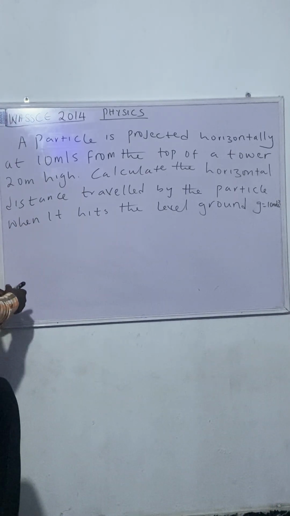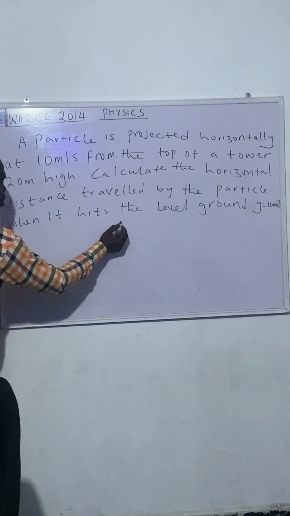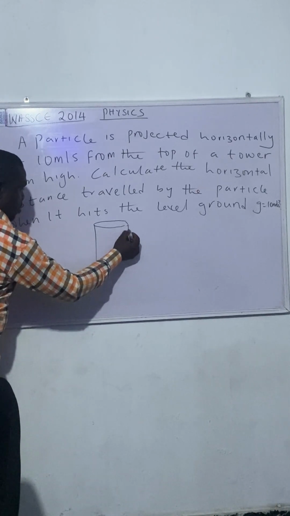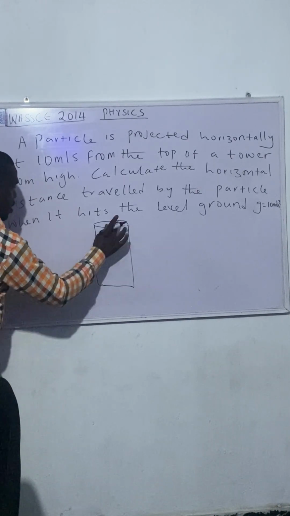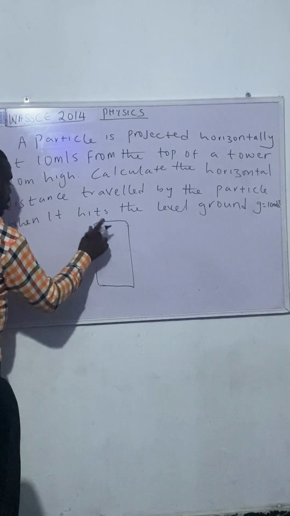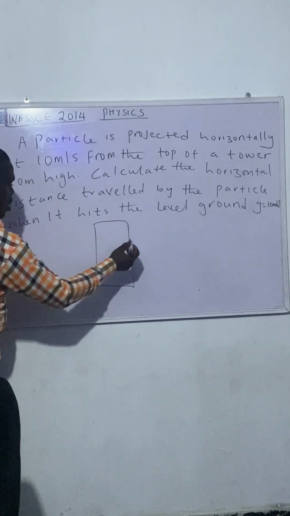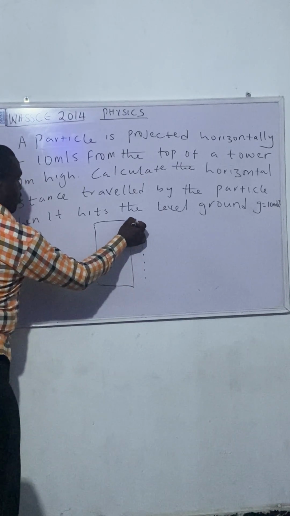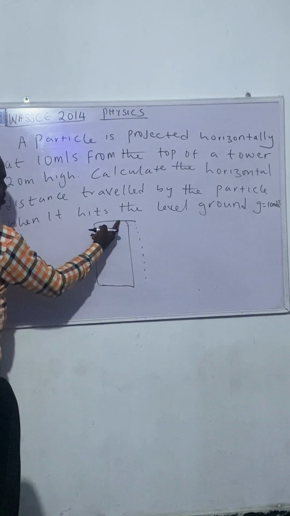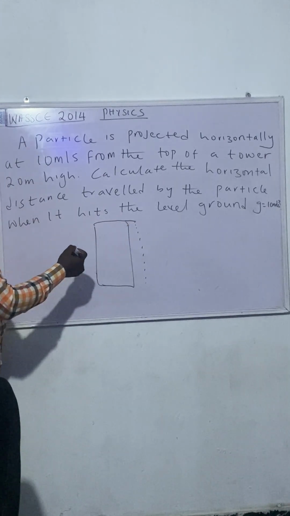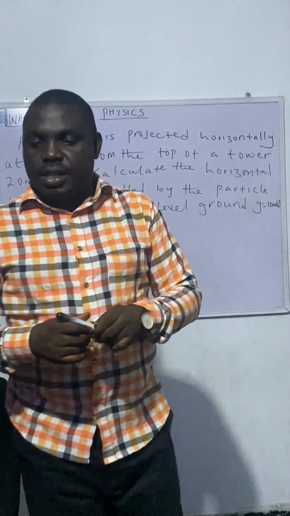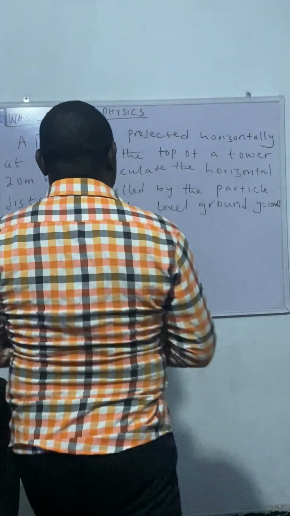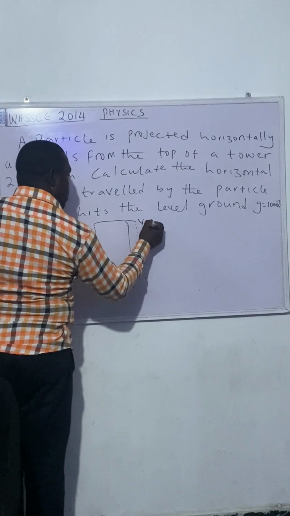Okay, in case you're new to this, let me quickly explain some concepts. If an object is going up, and the object reaches this maximum height, at the maximum height we know that our final velocity is 0.